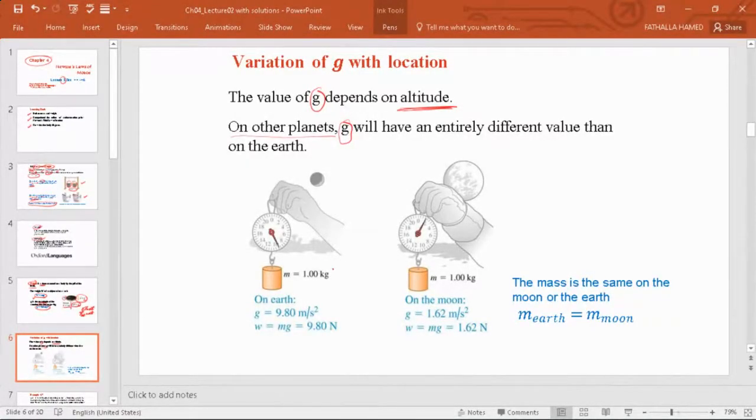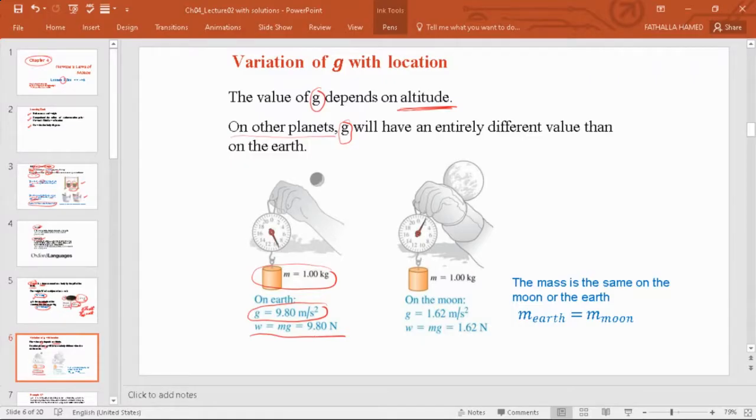So we say here, if we take an object and we measure its mass, and it is 1 kg, on Earth we know that the magnitude of g is 9.8 meters per second squared. So the weight here on Earth, which is equal to mg, will equal 9.8 newtons. So the units of weight are the units of force, which is newtons.